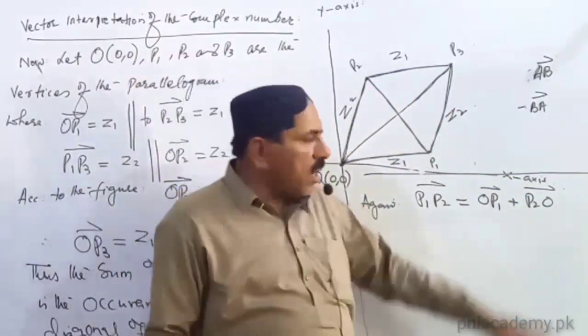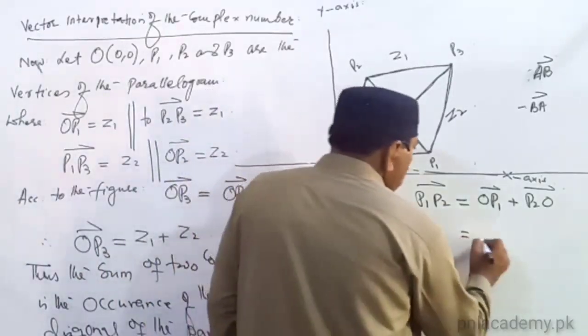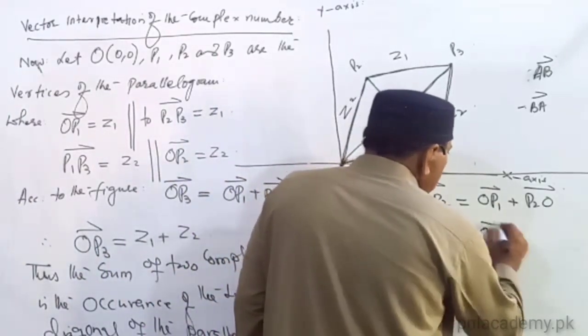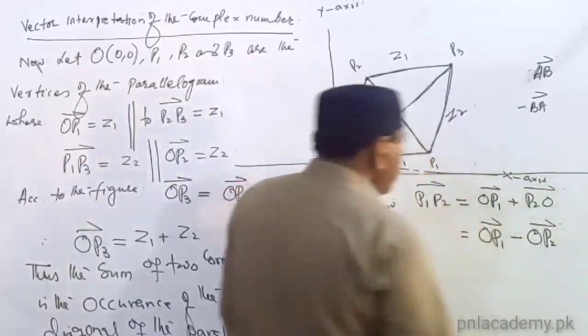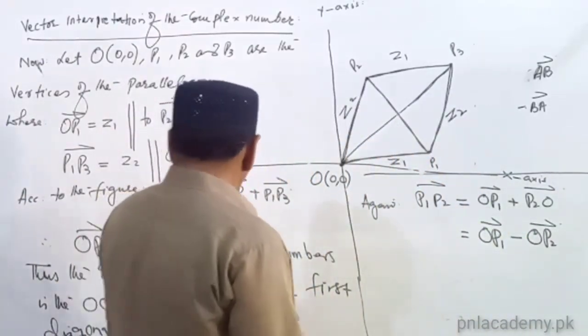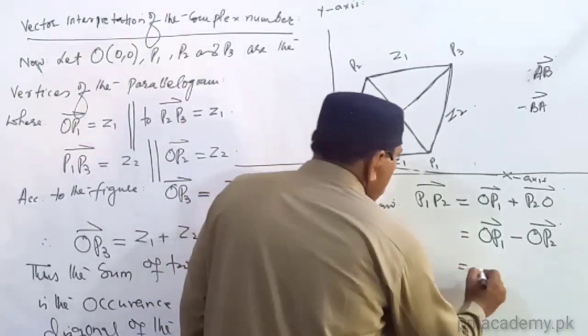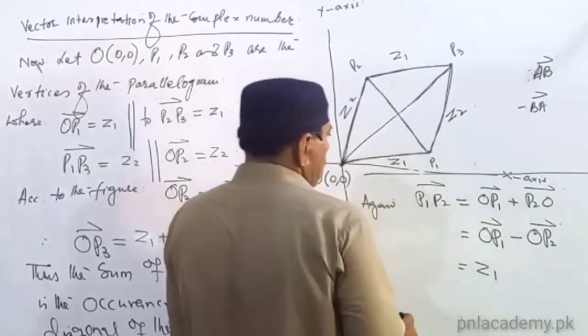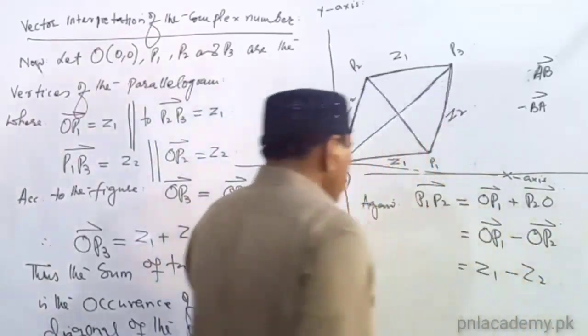When we change the order of OP2, it will be negative. So this will be OP1 minus OP2, which is Z1 minus Z2.